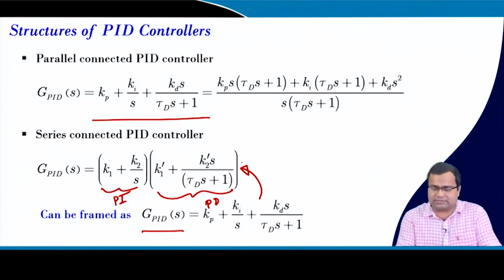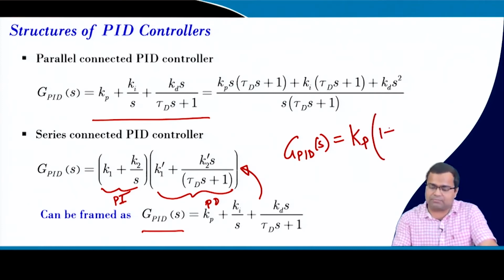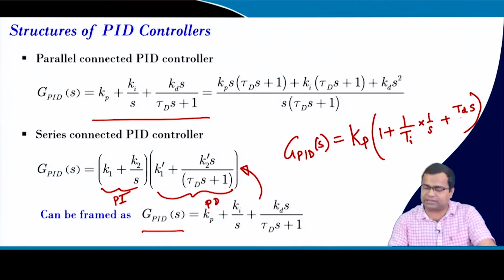Sometimes the PID controller is also written like this, PID in the parallel form. Sometimes we can take Kp out, then we write 1 plus 1 by Ti, the time constant, into 1 by S, that is the integral term, plus Td, which is the derivative term, into S. So, this is another form, and of course there is a derivative filter.